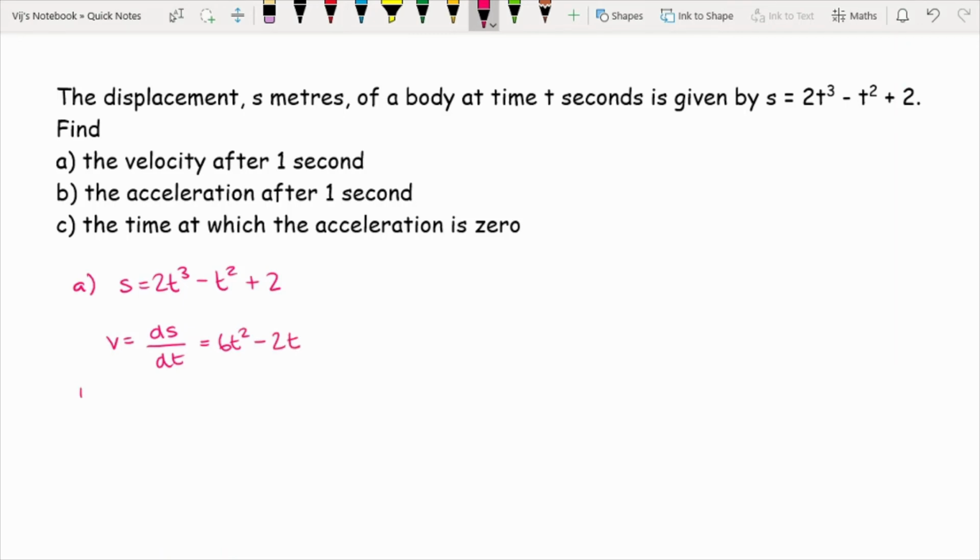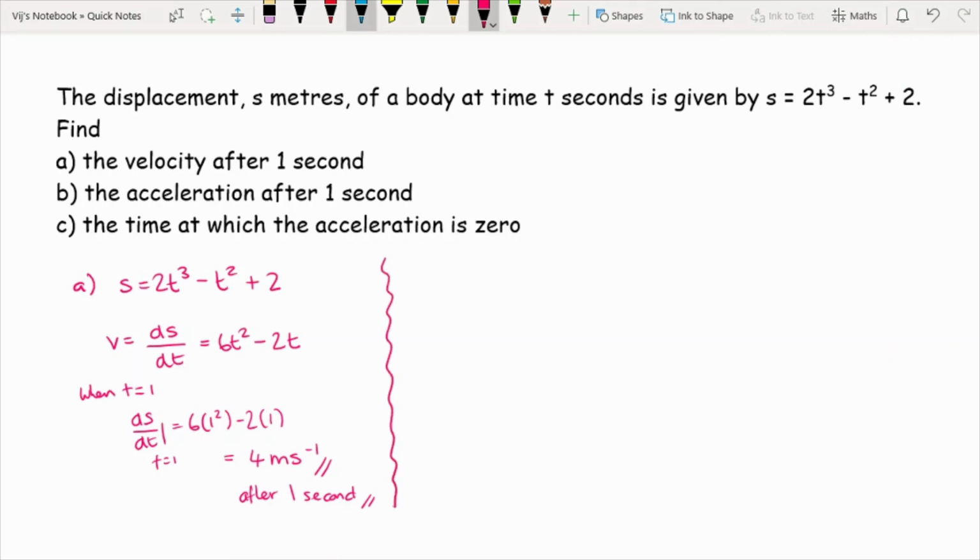When t equals 1, substituting t equals 1 into it, we get 6 times 1 squared minus 2 times 1, which equals 4. The units are going to be meters per second, and that's after 1 second, which is worth making clear.